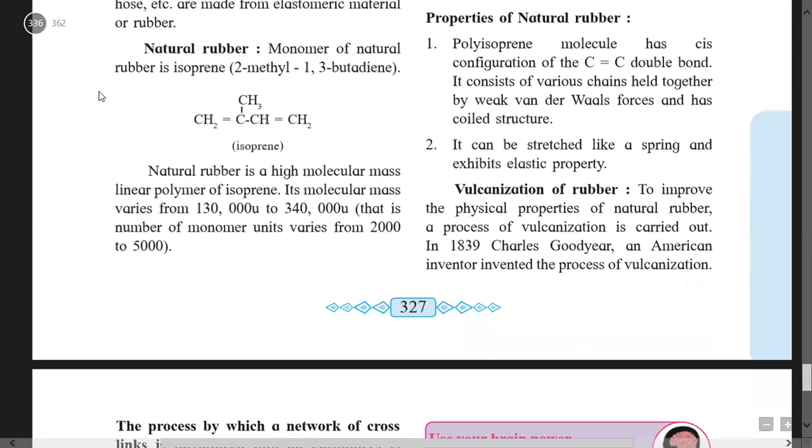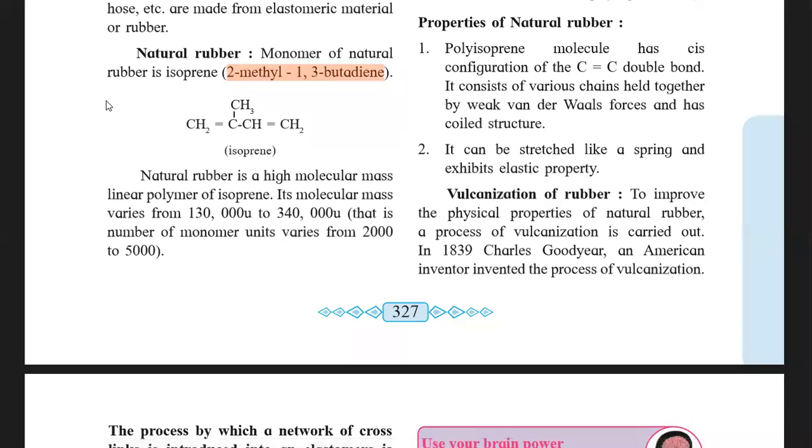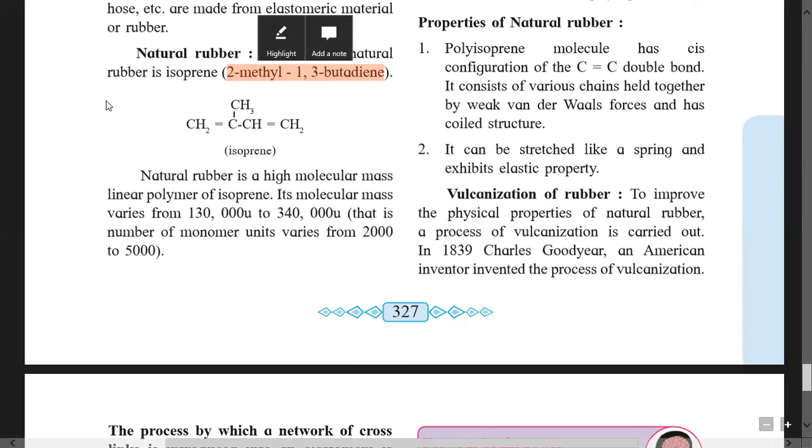A very good example of this rubber is natural rubber. So what is this natural rubber? The monomer of natural rubber is isoprene, and the IUPAC name of isoprene is 2-methyl-1,3-butadiene. So we know butadiene is a 4 carbon chain. The 1,3 position indicates the double bonds between 1 and 2 and between 3 and 4, and the second position has a side chain, a methyl group.